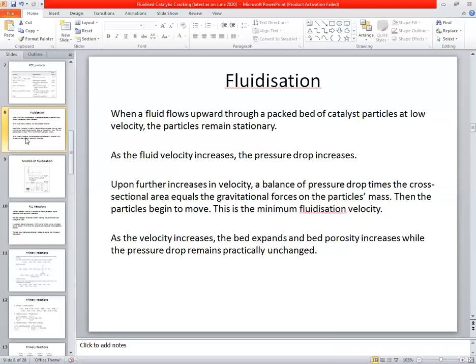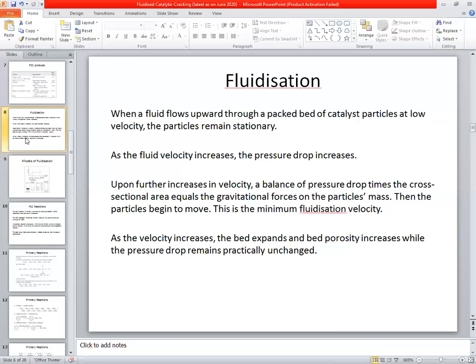When they become equal, the particles will start to move. That is called the minimum fluidization velocity.